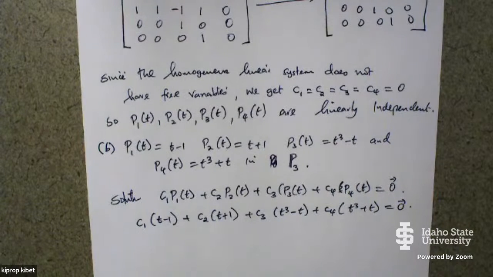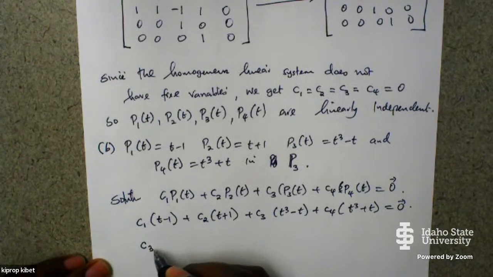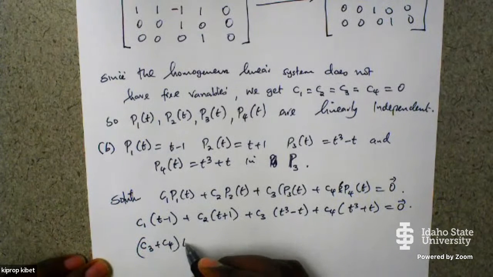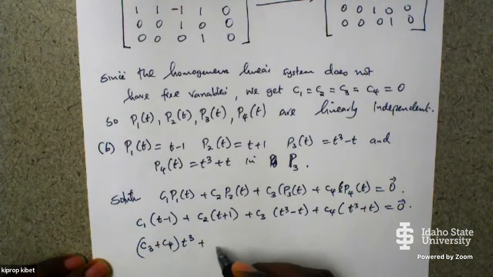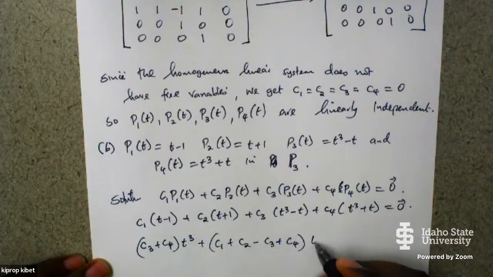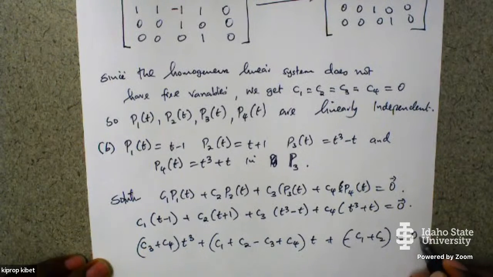Once you open this bracket and you collect the like terms, what you should get is C3 plus C4 of T raised to 3 plus C1 plus C2 minus C3 plus C4 of T, and then plus minus C1 plus C2 equals to 0.